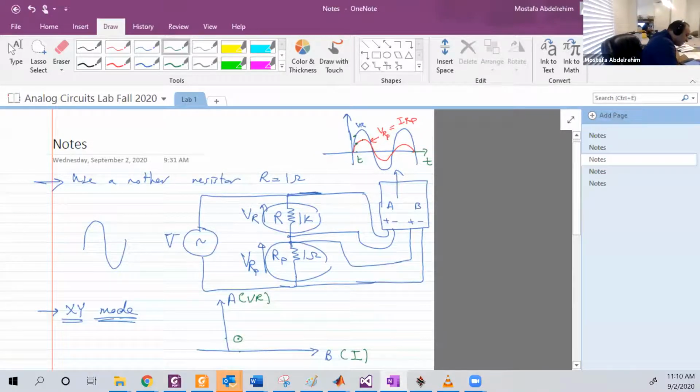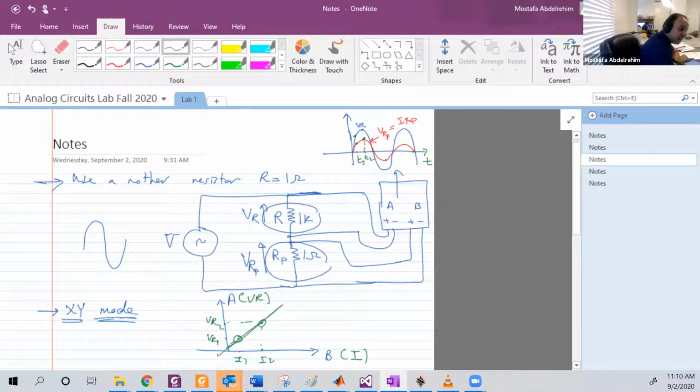Then at another time, let's call this T1, we have I1 and VR1. At T2 it will do the same: this is the value of IRB, let's call it I2, and this is the value VR2. I'm sorry, VR, not VRB. Another point, and so on and so forth, even for the negative.